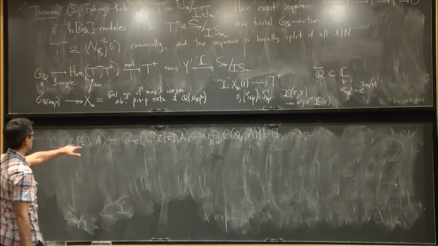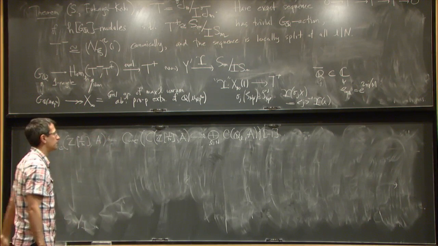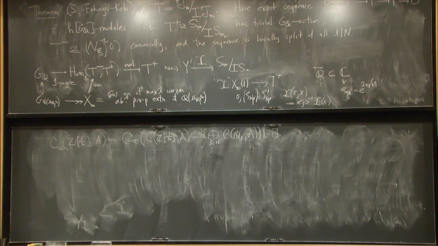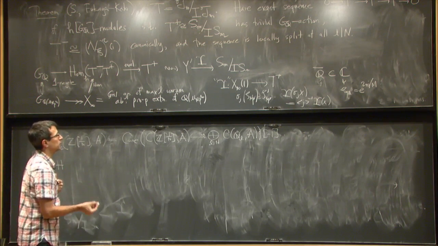And A is some sort of Z_p module unramified outside n. Yeah. Okay, so automatically from this fact that we have this cone, it's just a construction that gives you long exact sequences in cohomology.